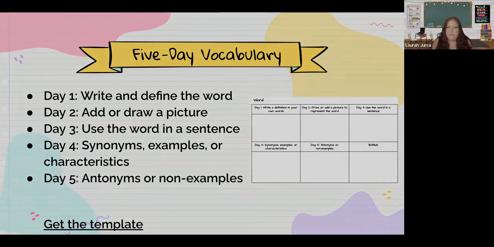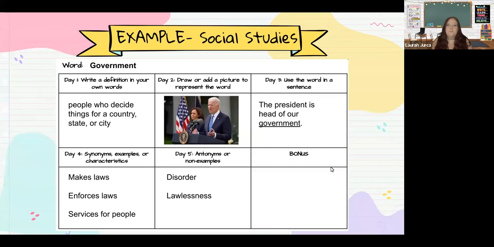Let's look at some examples very quickly. Okay, so here is an example for social studies. The word is government. So again, you as a teacher are going to introduce this word to your students, and then you're going to work together as a class to come up with a student-friendly definition, hopefully in the students' own words. So in this case, people who decide things for a country, state, or city. Day 2 is our picture or visual representation.